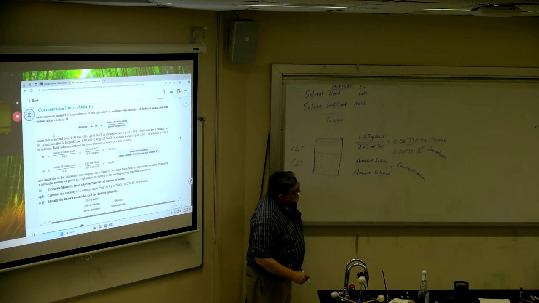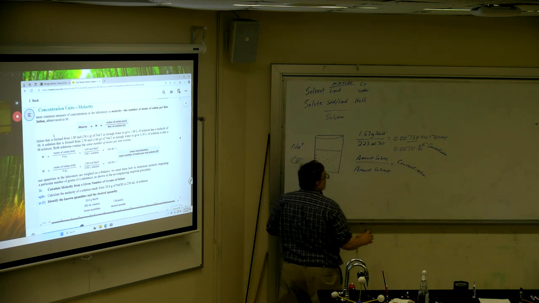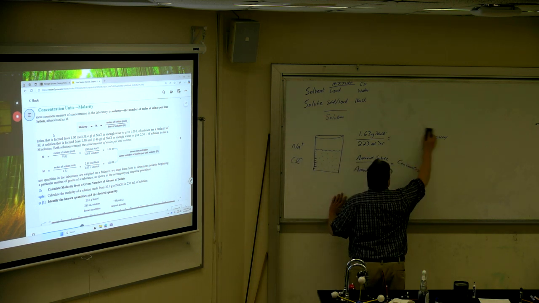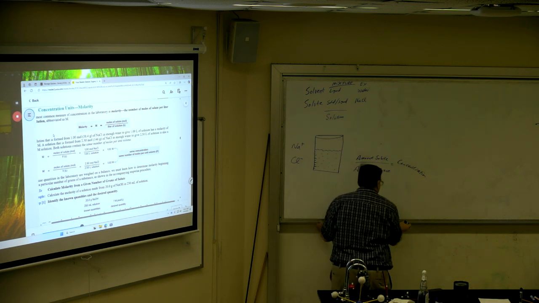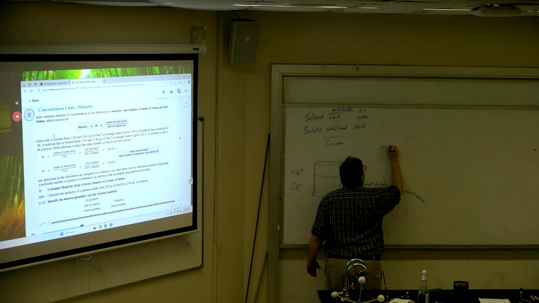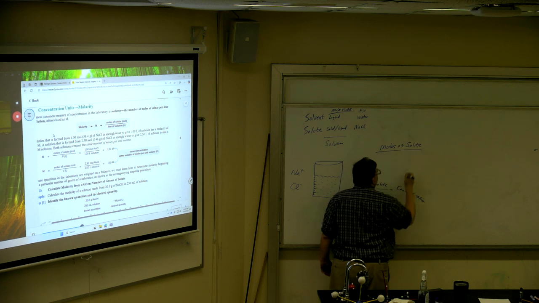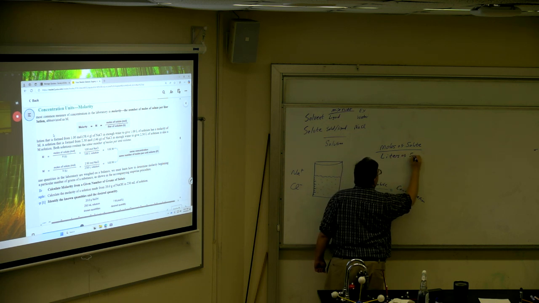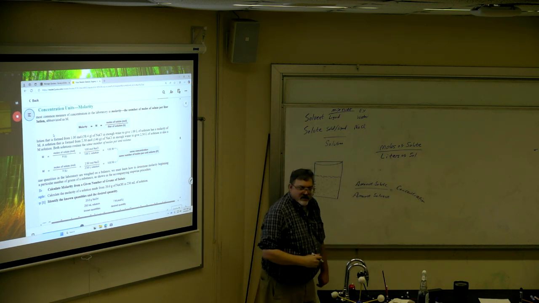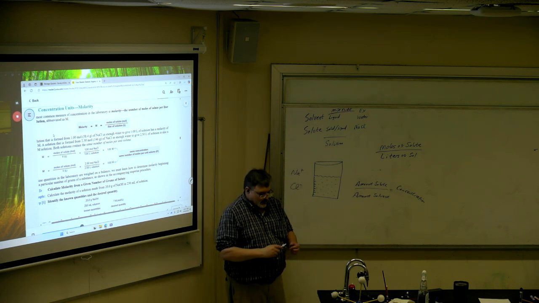All right. You can do concentrations in several different ways, but chemists almost always do this as the amount of solute in moles, and then specifically liters, not milliliters, not cups, not deciliters.